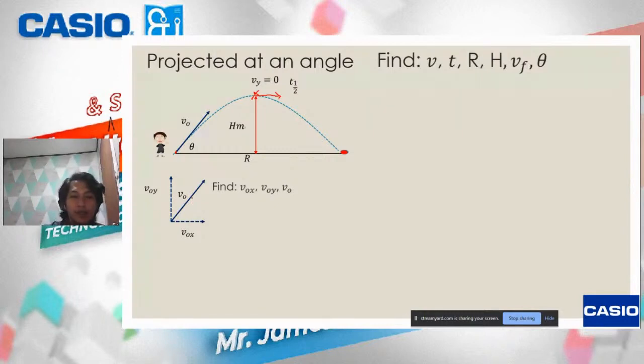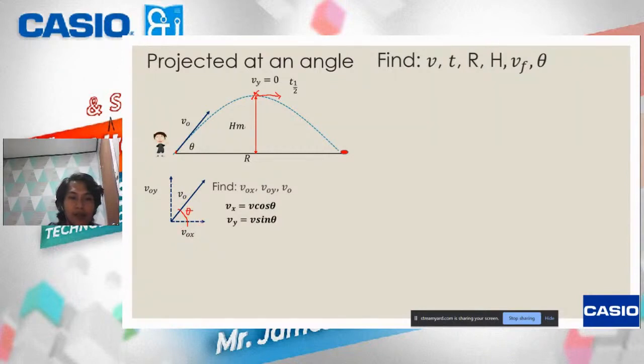Okay, we can also use this sa ating horizontal, pero I prefer to discuss it here sa ating projected at angle. So, we get the values of our Vx by using this function, v cosine theta. Okay? So, for our y, we use sine theta. So, we multiply our value of v, this one, to sine theta. So, technically, ito yung ating angle. Okay? Ang opposite niya ay ito.